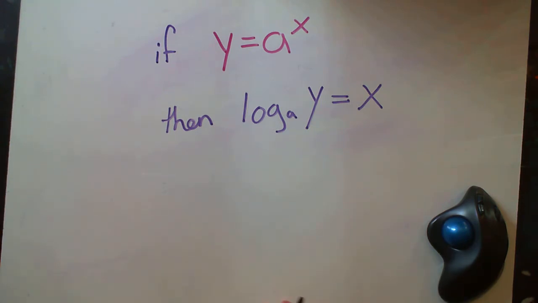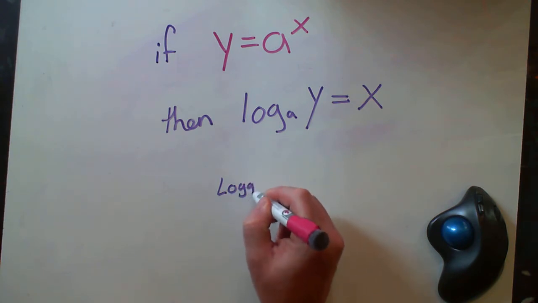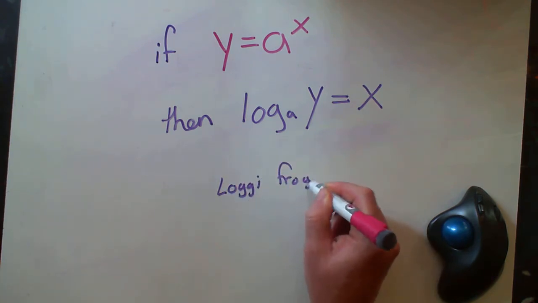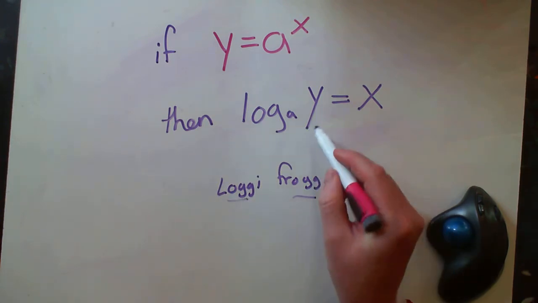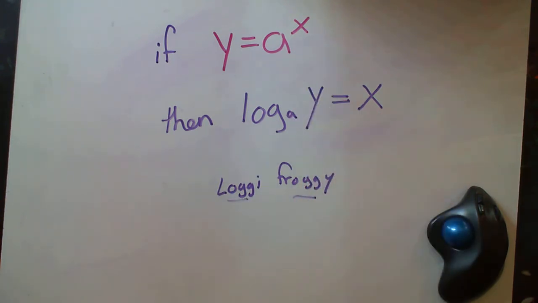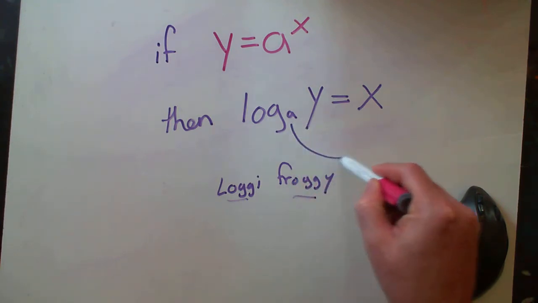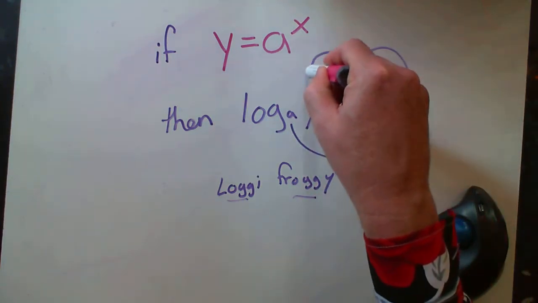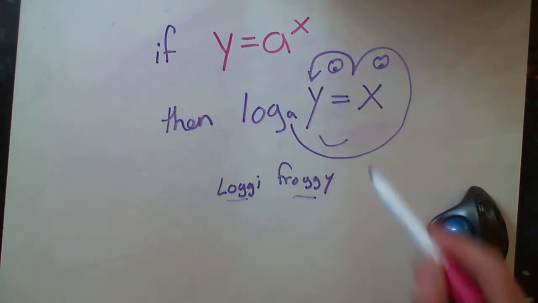We can use an idea that I call the logy-froggy, which helps us transform from one form into the other. It says that a to the x power equals y, and it looks like Kermit the Frog.